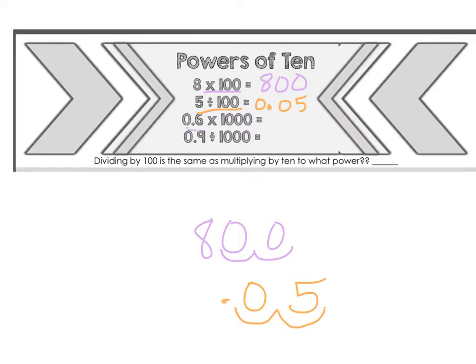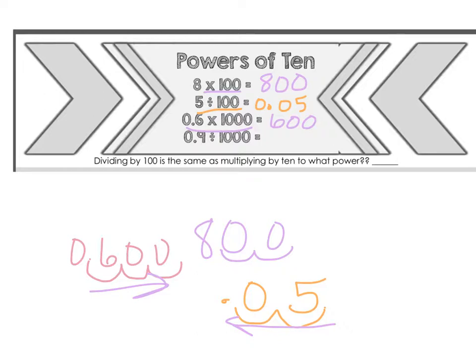All right, let's multiply again by 1,000. So this is 0.6. And multiplying by 1,000, we would move this 3 places. 1, 2, 3. So this becomes 600. So we multiply, the decimal goes to the right, and we divide, the decimal goes to the left.